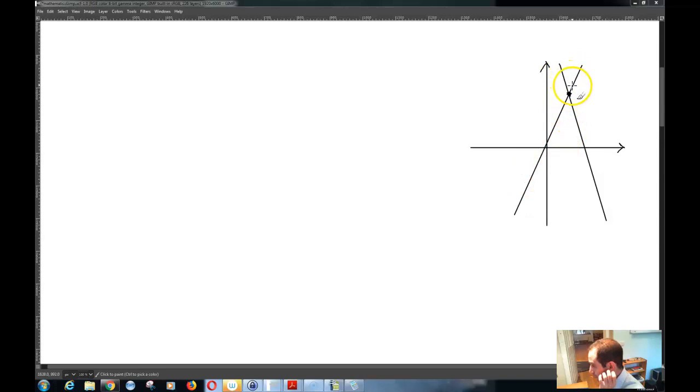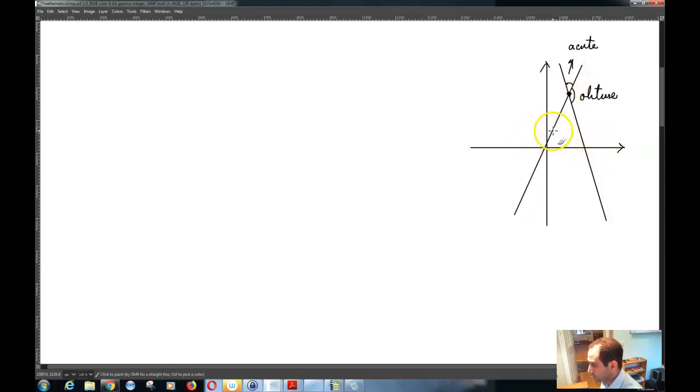Basically, there will be this angle over here, which is an acute angle, and there is this angle over here, which is an obtuse angle, and there is some sort of relationship between this acute angle or this obtuse angle, whichever one you want to consider, and the slope of these lines.